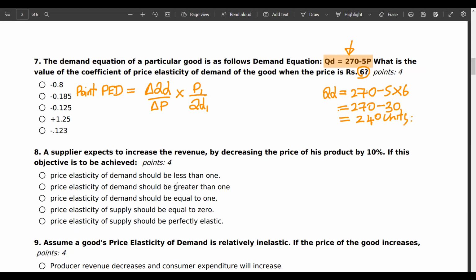So now we know the price is 6 and the quantity demanded is 240. For the change in QD over change in price, instead of this one, we can use the slope of the demand curve.